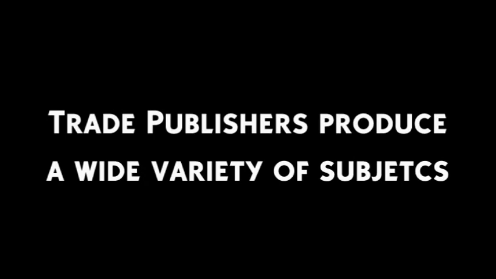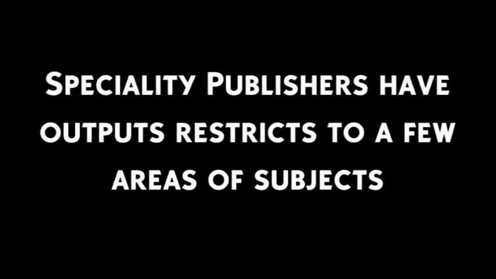So I'll start with the trade publishers. Trade publishers produce a small variety of titles. Specialty publishers have outputs restricted to a few areas of subjects. Specialty publishers focus on a limited number of buyers. Next is the variety press, which receives most of the operating funds from the author.